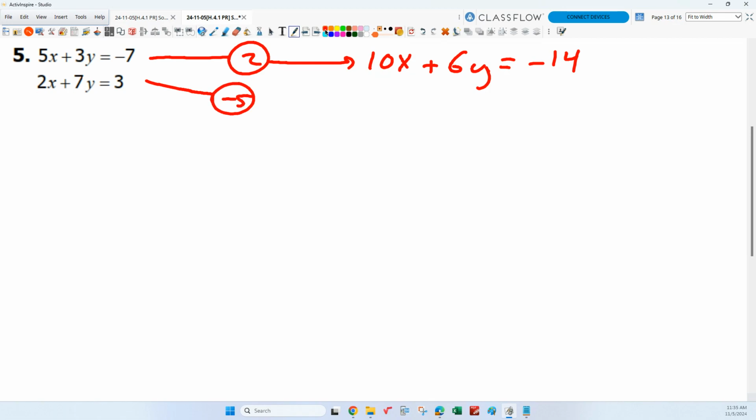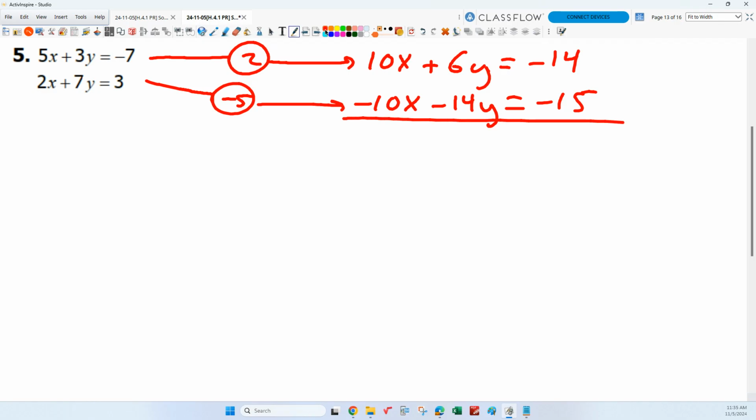Yeah, good, because we want them to cancel, which gives us -10x minus 14y equals -15. And if I add these up, the x's cancel in this case, and I get 6y minus 14y is what? -8y. Did I do that right?